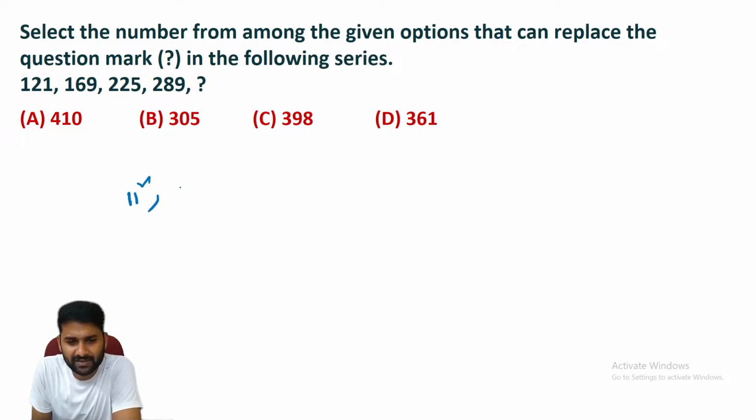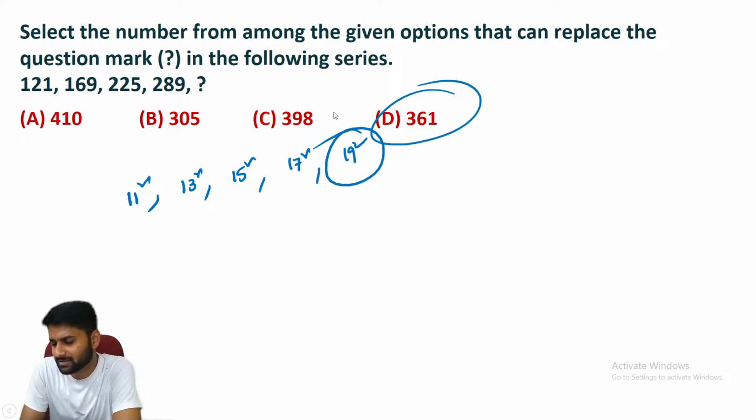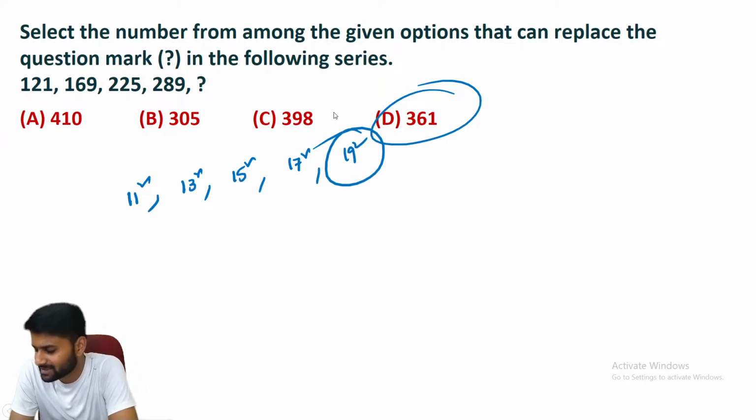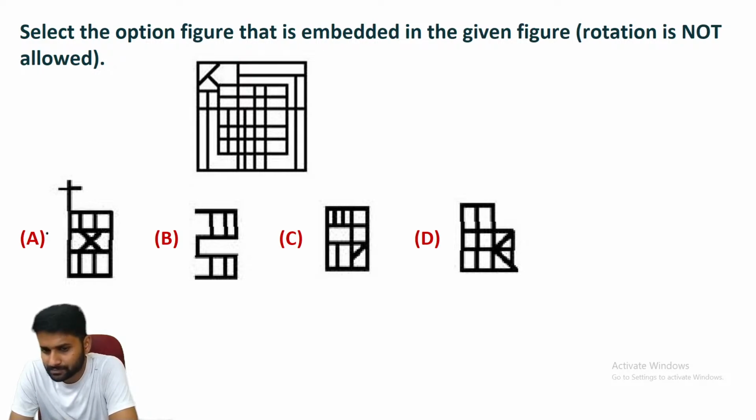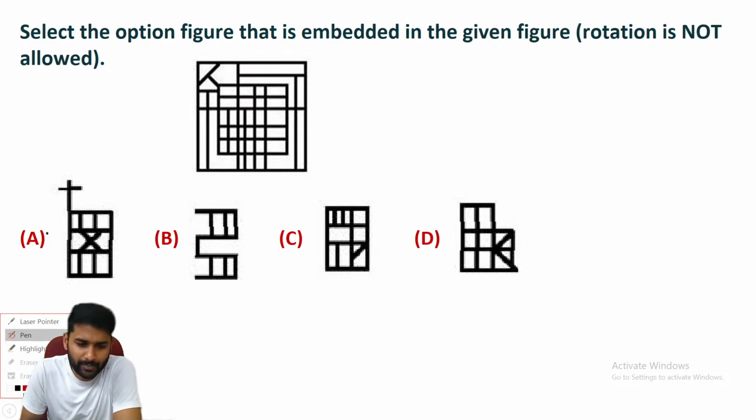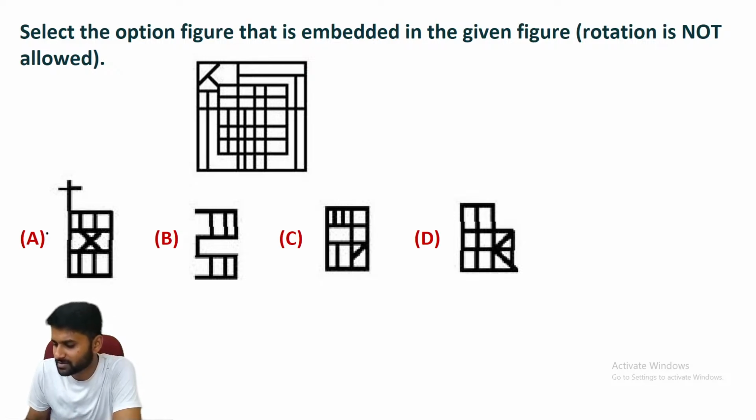See, 11 square, 10 square, 10 square, 17 square, and you should replace with that, the answer is 19 square. And you already know that 19 square is 361. Non-verbal, and definitely you can expect 3 to 5 different questions.